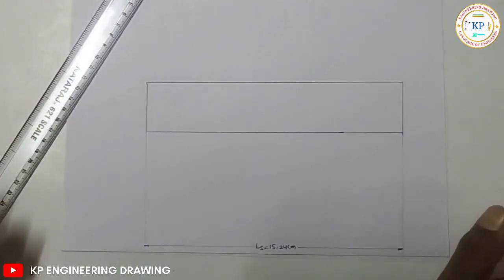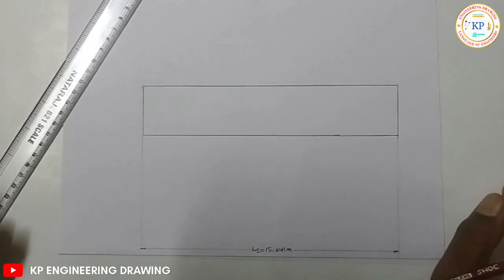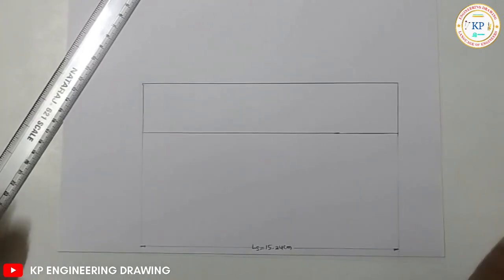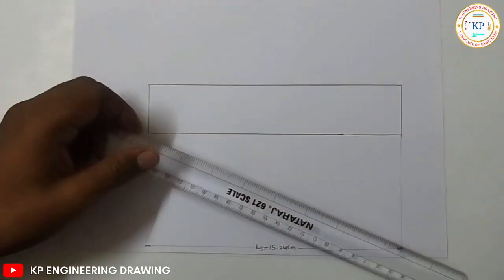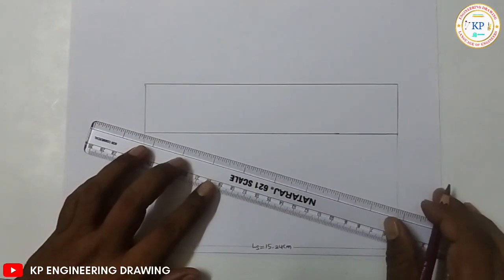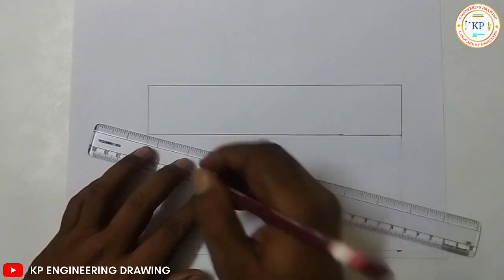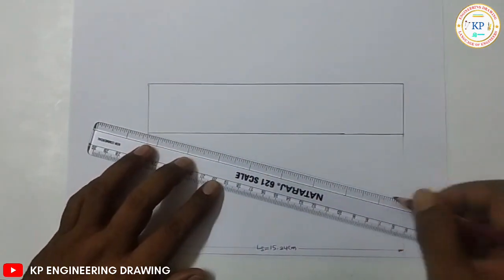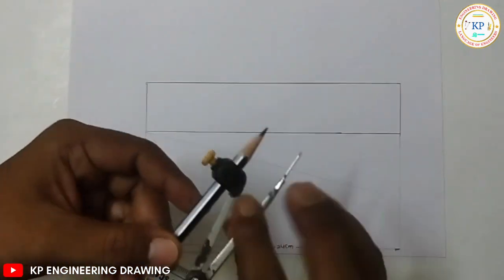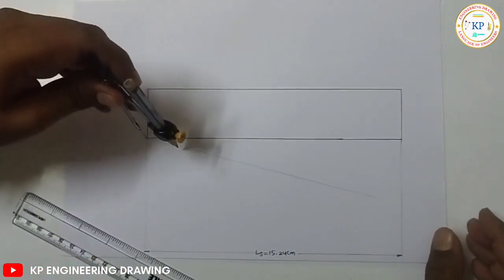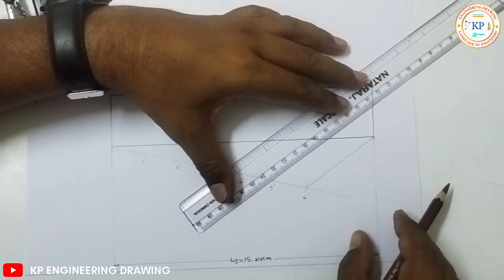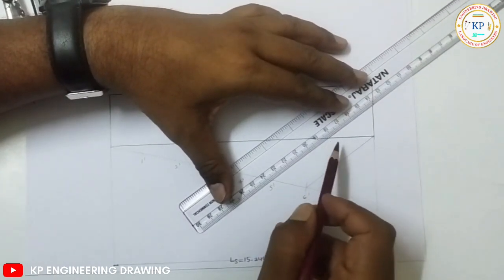Now we have to divide this into 6 equal parts. Why? Because the maximum distance is 6 miles. So same procedure we have to do. So take a line at less than 45 degrees, and draw with convenient radius. You cut this into 6 equal parts and draw.